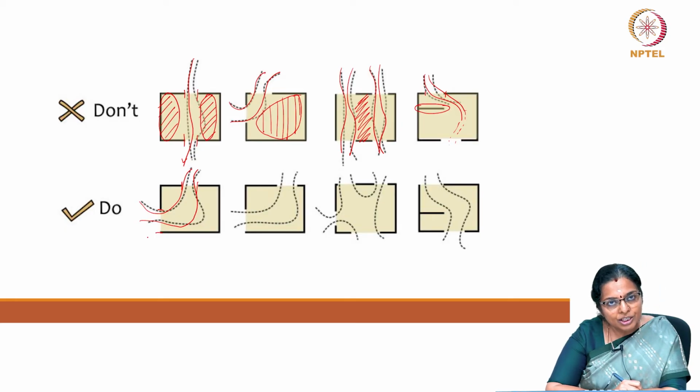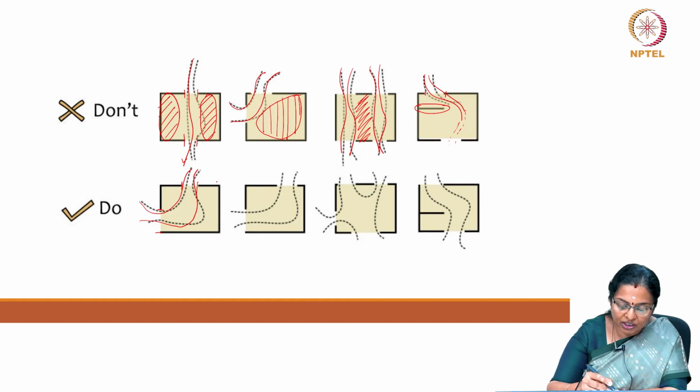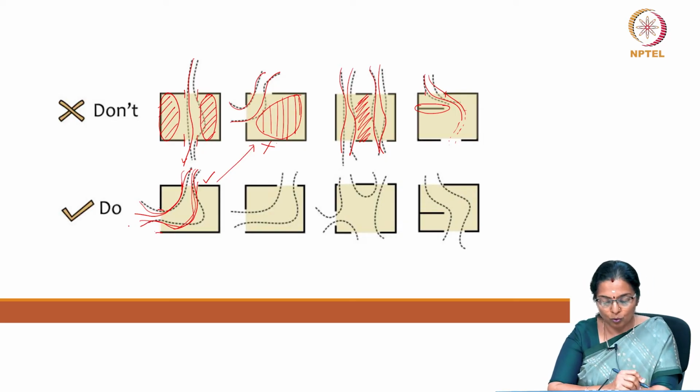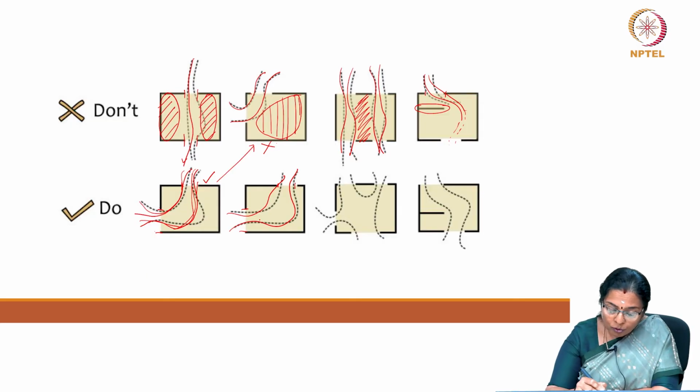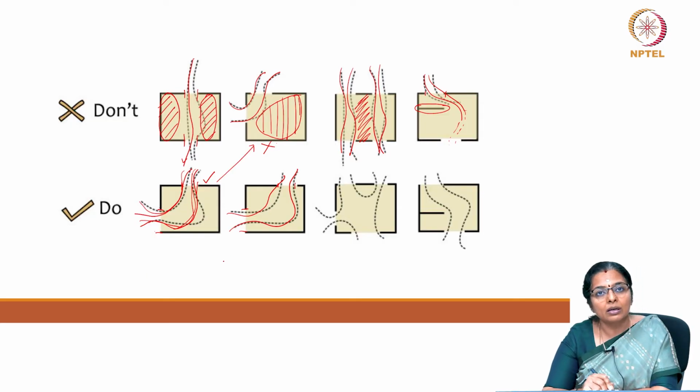You should have substantially large windows placed perpendicular and at the same time located farther away from each other, so that we give an opportunity for the wind to blow across the room.